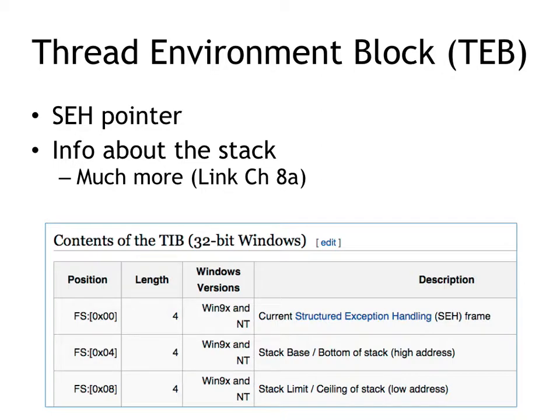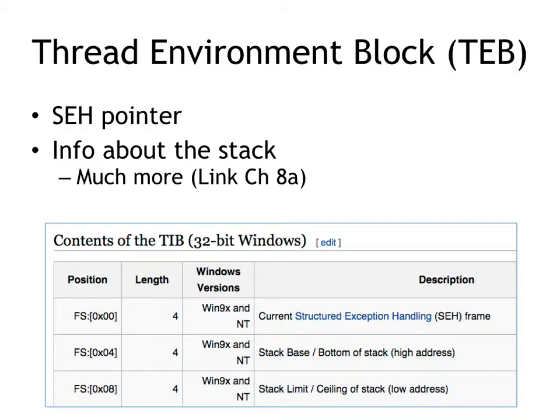The FS is a segment register. The segment registers themselves are pretty bizarre and insane. There was a long dead early processor that broke memory up into segments and had pointers to the different segments, and nobody uses it anymore exactly, but it's still hanging around in the processor, these registers. And anyway, the FS points to the thread information block.